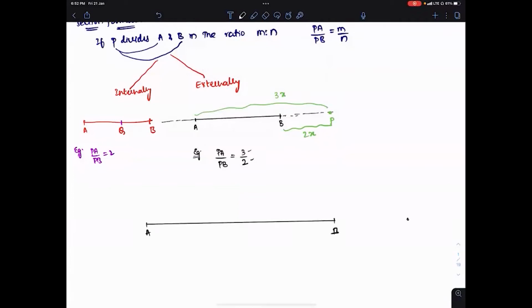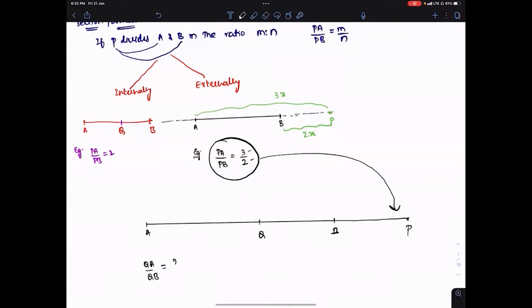Now P divides A and B in the ratio 3:2 externally, and let's say Q divides A and B in the ratio, that is QA by QB is 2 by 1 internally. Okay. So now if AB is given as 12, then PQ is equal to what?